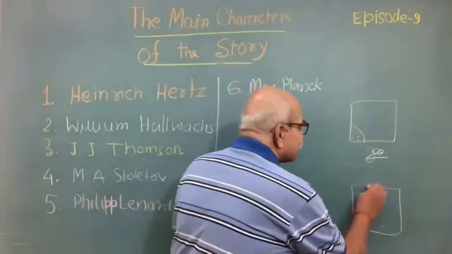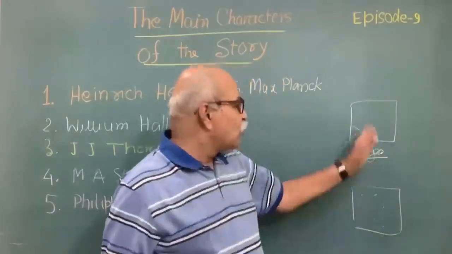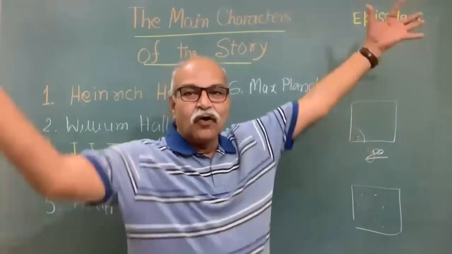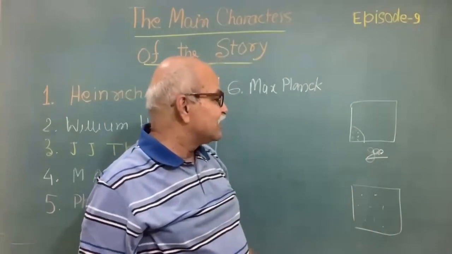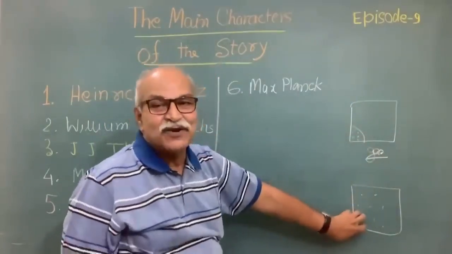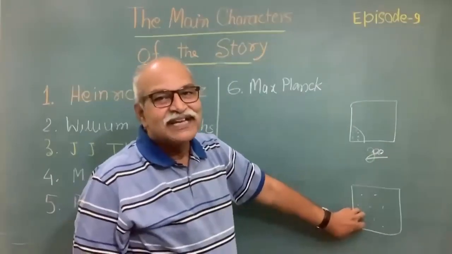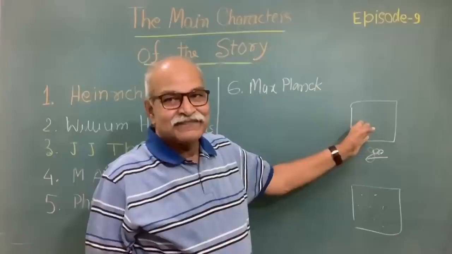Once it has spread everywhere, can it go back? All these molecules of that nice material, will they just get confined into one corner? It will not. Entropy here is more, entropy here is less.